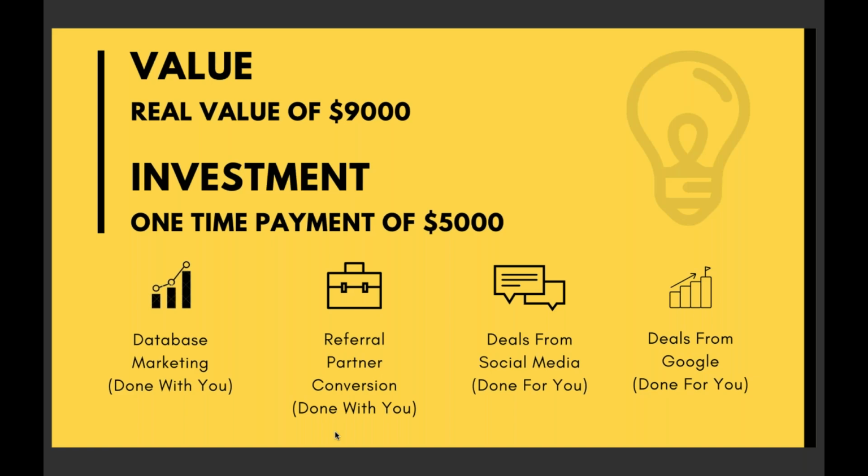So if you think about that, if you close 2 deals from the Database Activator campaign and you're making $2,500 a deal, you've paid for the entire asset with just 2 deals.